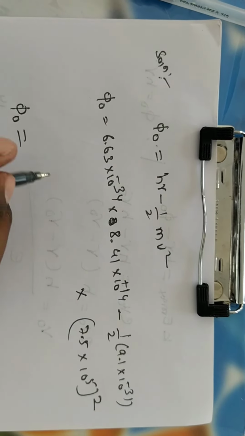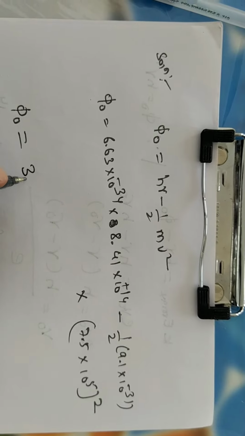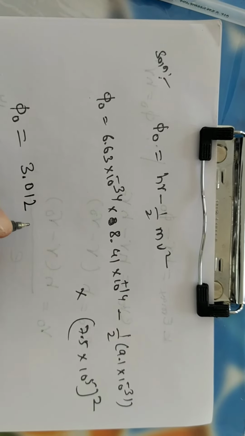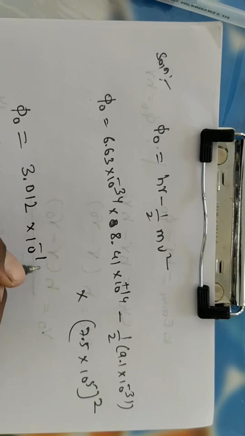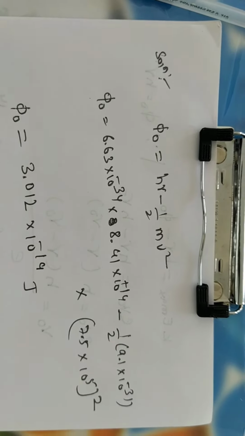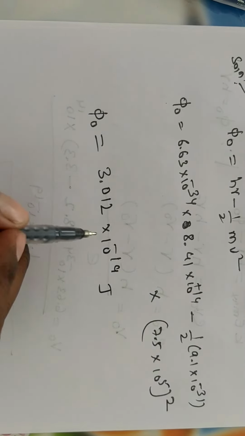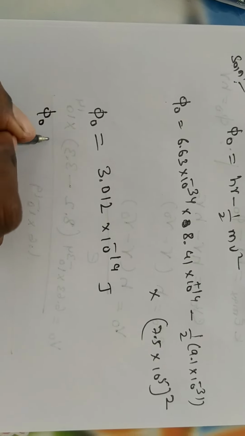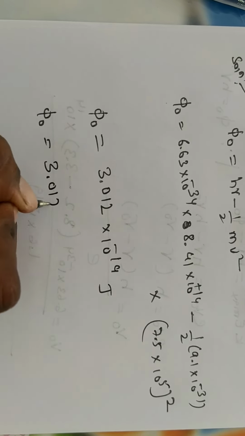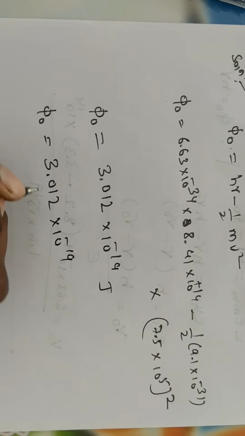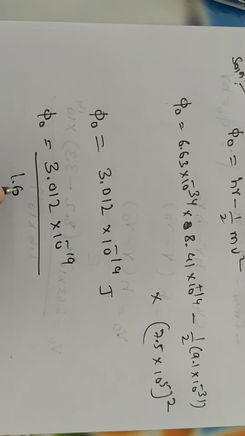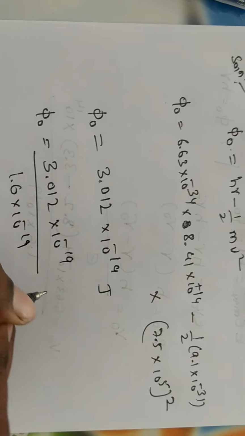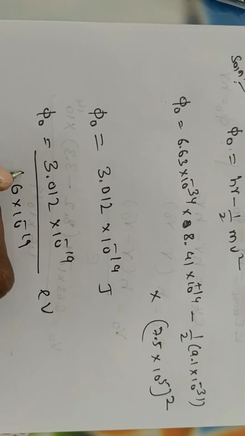simplify this one, we get 3.012 into 10 to the power of minus 19 joule. Okay, convert this one in terms of electron volt. Phi naught is equal to 3.012 into 10 to the power of minus 19 divided by 1.6 into 10 to the power of minus 19 electron volt.